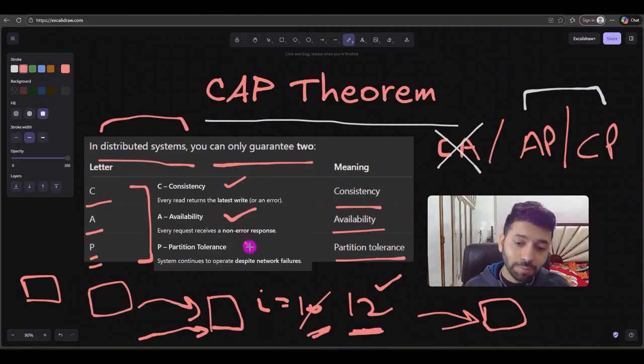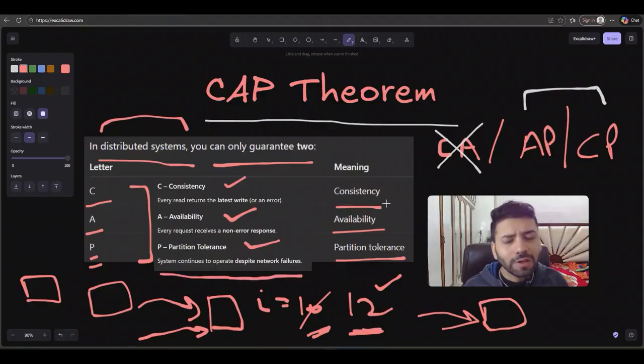The third one is partition tolerance. Partition tolerance means the system continues to operate despite network failures. In easy terms, there is no single point of failure, so even if one of the machines goes down, your system as a whole unit should perform. How do you do that? You have multiple machines, you do horizontal scaling, or you have partitions, so that even if there are some failures, your system as a whole unit is able to operate.